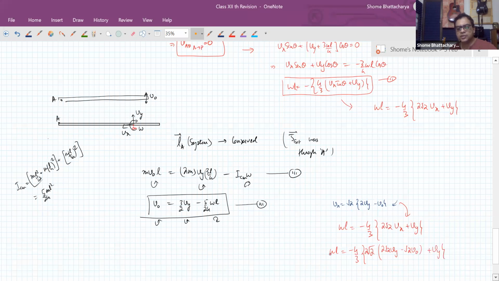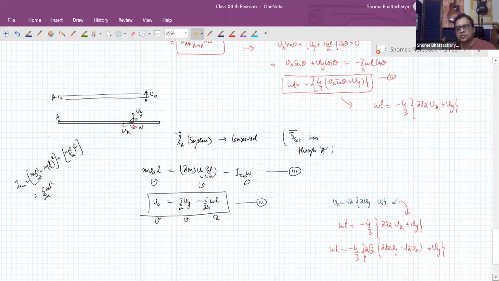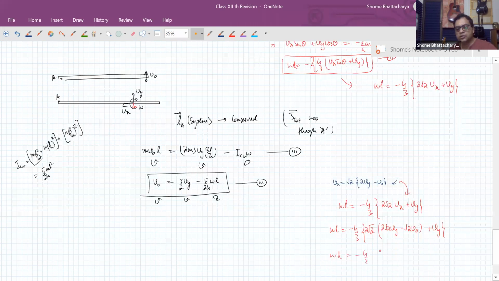So omega L is becoming minus of 4 by 3 into 8 Vy plus 1, which is 9 Vy minus 4 V naught.